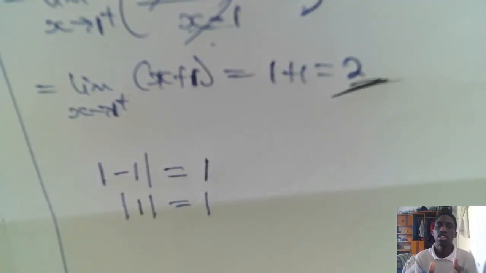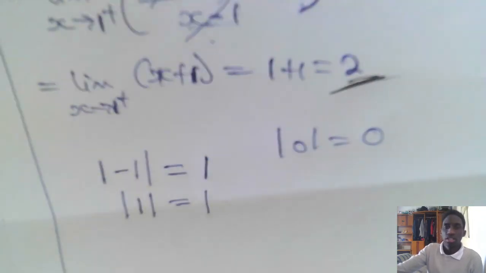So what the absolute value does is that it makes all negative non-zero numbers positive. In simple terms, you can say it makes everything positive, but absolute value of 0 is still 0.